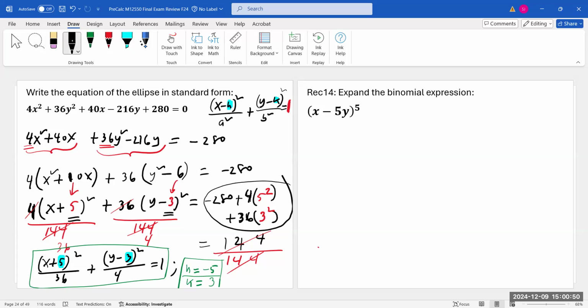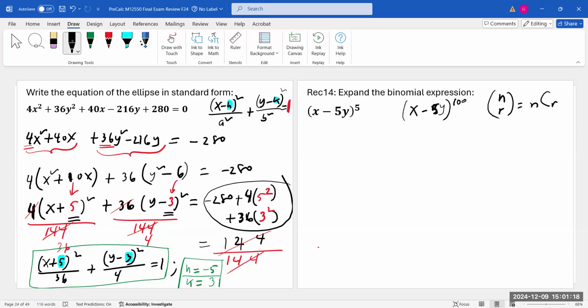For example, to find the coefficient of the binomial, we do n choose r. It means nCr. So let's say in the exam, they're asking you for, let's say, (x minus 5y) to the 100 power.